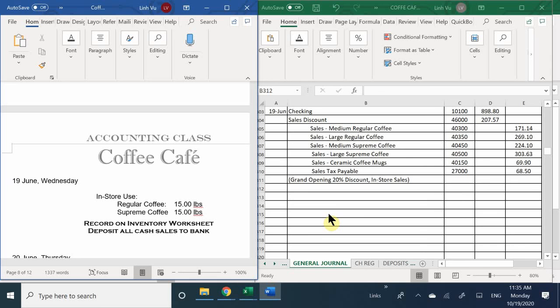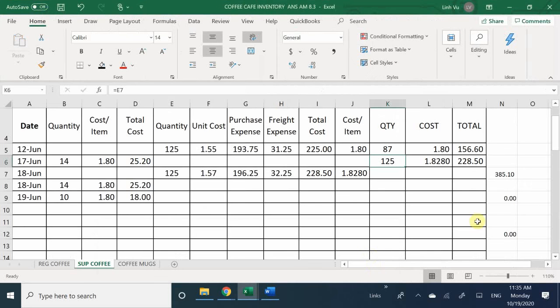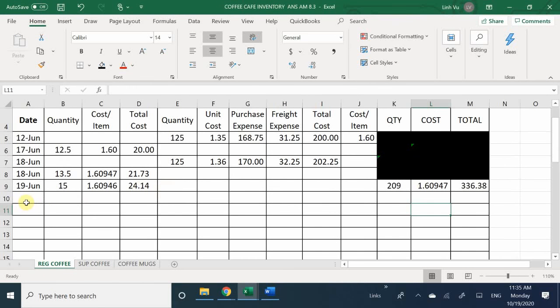So what do you want to do first? Inventory? Okay, we could do inventory. Okay. So we got a regular, 619. We sold a total of 15.